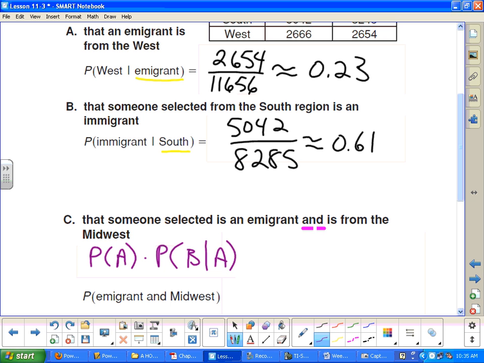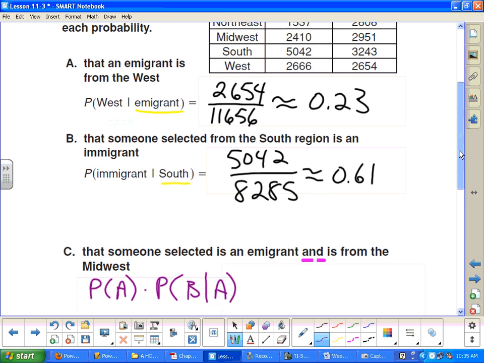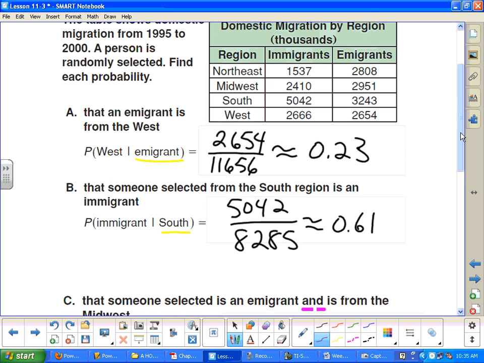We want immigrant and from the Midwest. We're talking about 2,951 people out of everybody. So I have to add up all of these numbers, and then it would be 2,951 out of them.